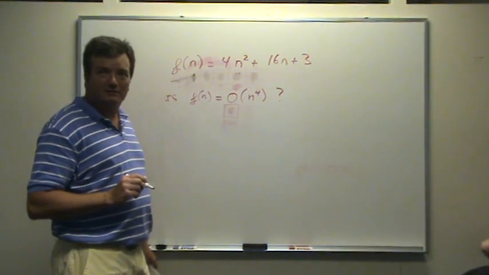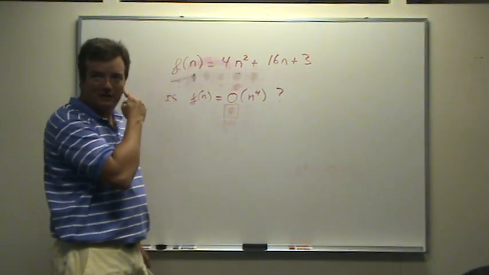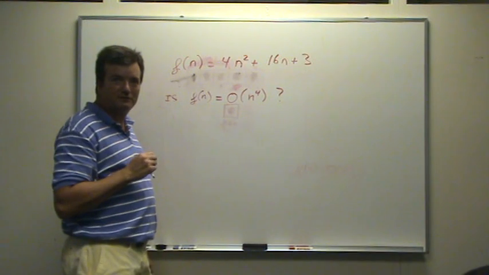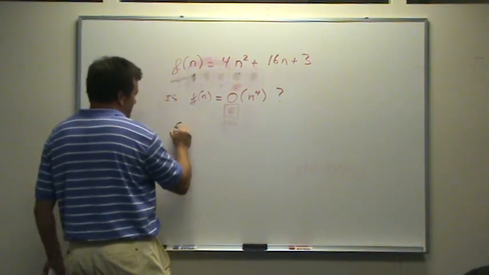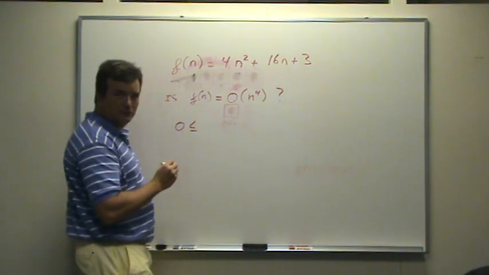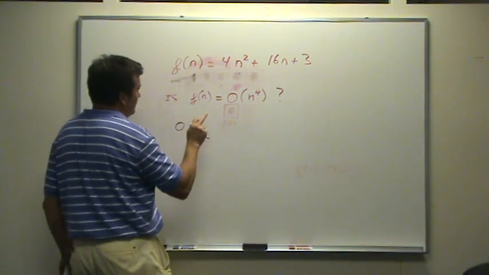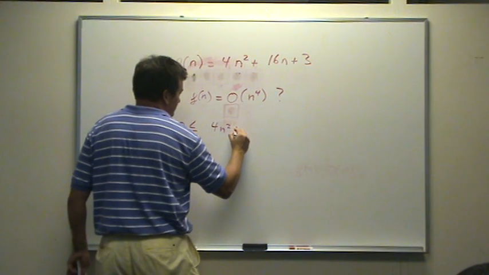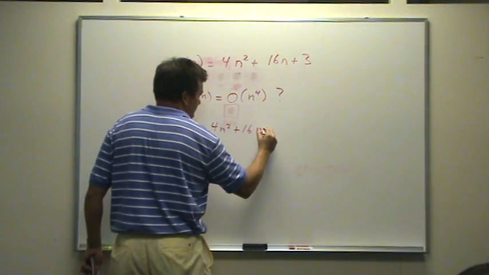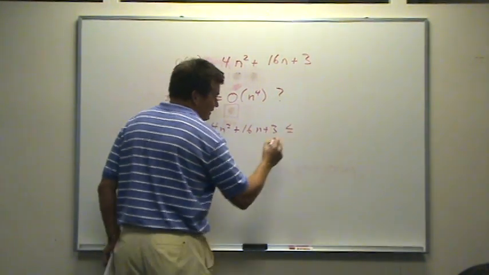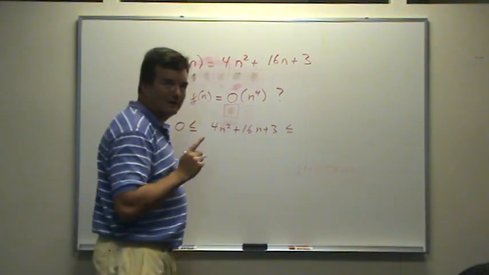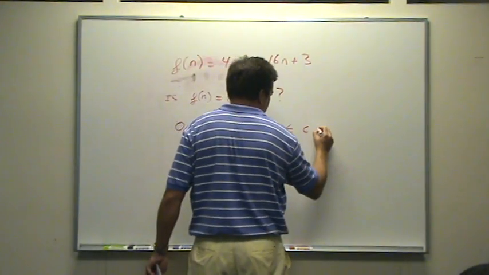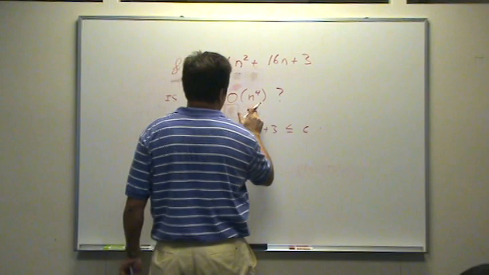There exists a positive constant c and a particular value of n such that 0 is less than or equal to f of n, less than or equal to a constant times g of n. And g of n is n to the 4.